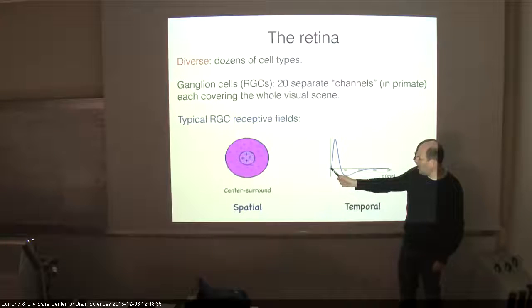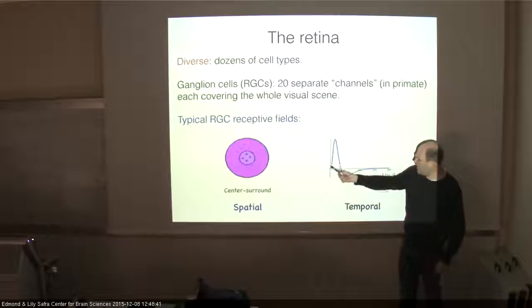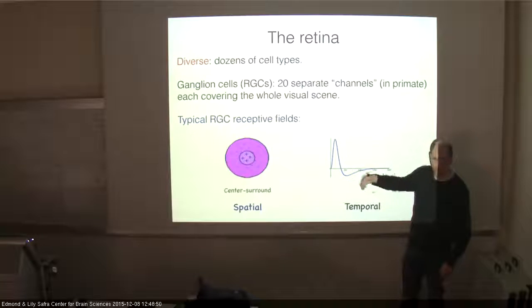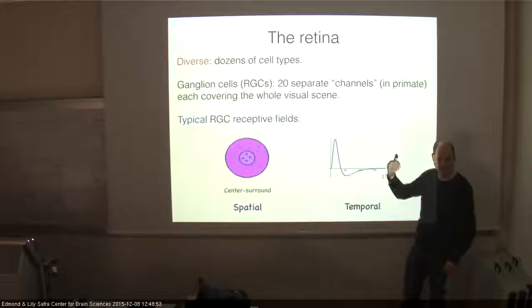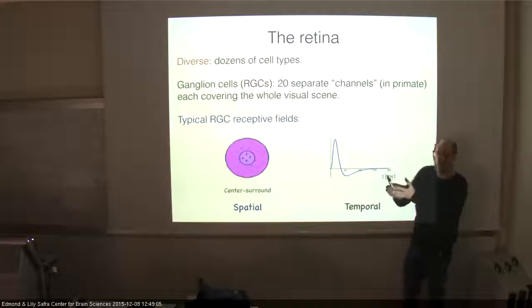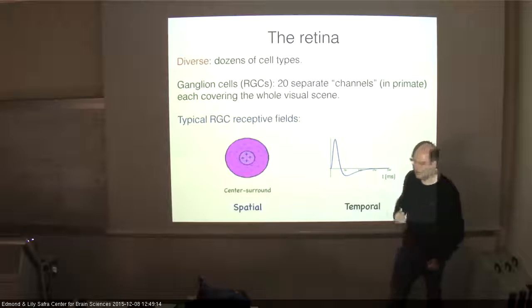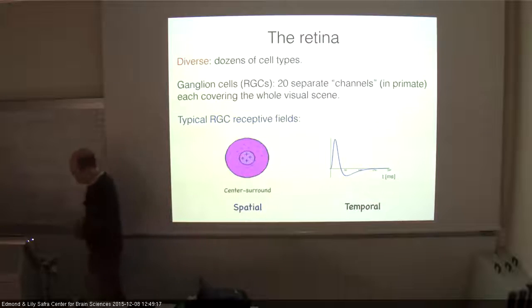So a cell will be more likely to send a spike right now if it has been activated in the past roughly 30 milliseconds, but in fact it will be even more likely to fire if it received less light in the period of about 100 milliseconds before. So the situation most likely to elicit a spike from the cell is where there's now more light than there was previously. The increase of light activates the cell.